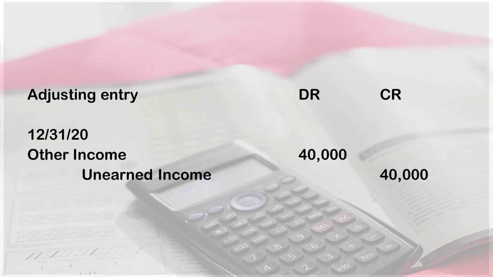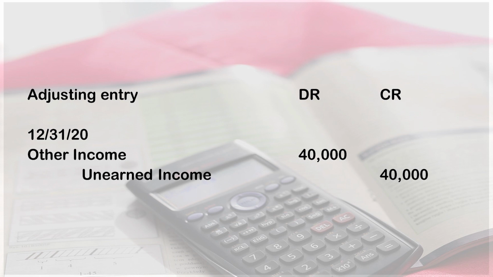Now, at the end of the period, December 31, 2020, the book will be closed. Therefore, the proper amount of income should be determined. Take note, that is an advance payment for 5 months. But at the time of the closing of the book, December 31, there are only 3 months that are already consumed by the tenants.